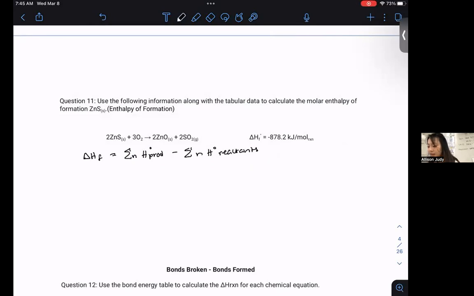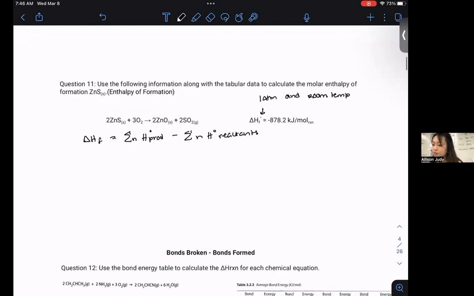And if we have standard state indicated by this little naught sign, you know that you're working with tabularized data that has been collected under specific conditions, particularly standard state conditions, which are 1 atm pressure and room temperature.